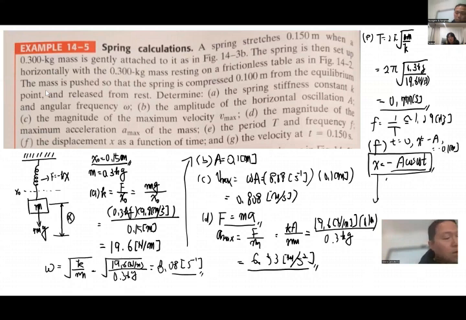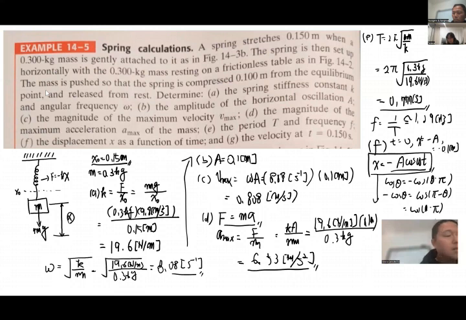So minus cosine theta is the same as cosine of theta minus pi. If you move that minus sign to the left-hand side, then minus cosine theta is the same as cosine of theta minus pi.